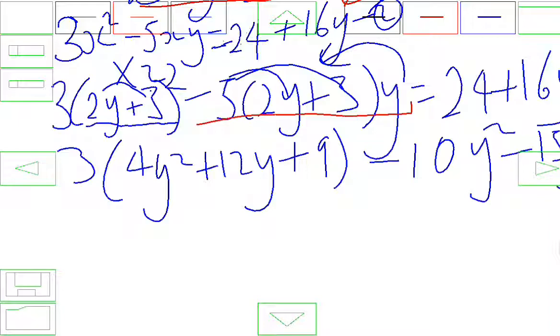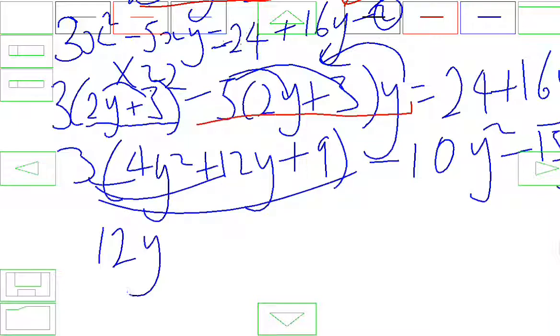And now what we can do is multiply this out. So this will be 12y squared plus 3 times 12 is 36y.